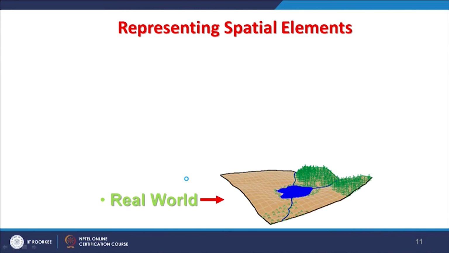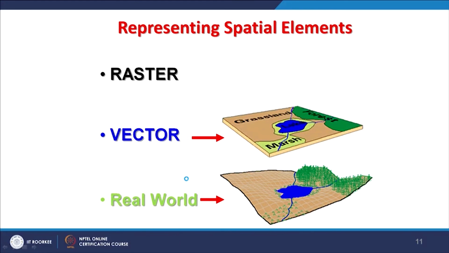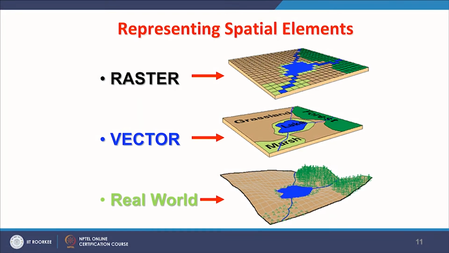Now, representing this, the real world can be segmented into different components, different layers, meaning different themes, thematic layers. The real world can be segmented depending on the type of theme you are handling, like vector data or maybe raster data. In raster data, you can very quickly understand it as a form of grid, but the grid and image are two different types of raster data, and in the case of vector there are three different types of vector data.